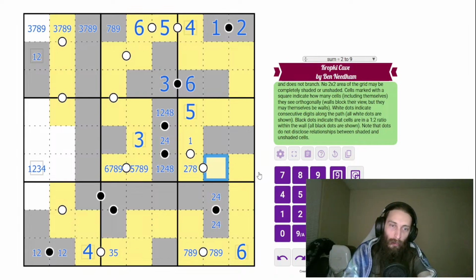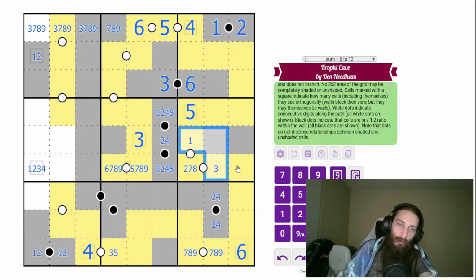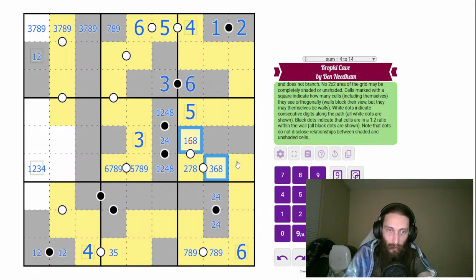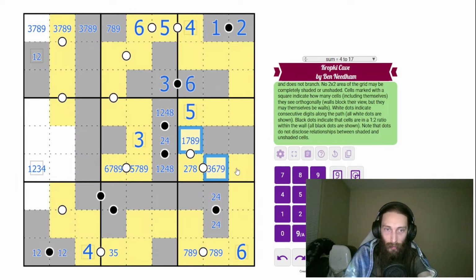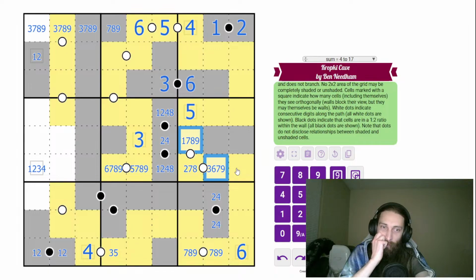So I can put a 1 here and a 3 there. Or I can have 6, 8. Oh, if I did 6, 8, this would be the 8, and then 8 would be surrounded by 7 and 9. So those are the options there.